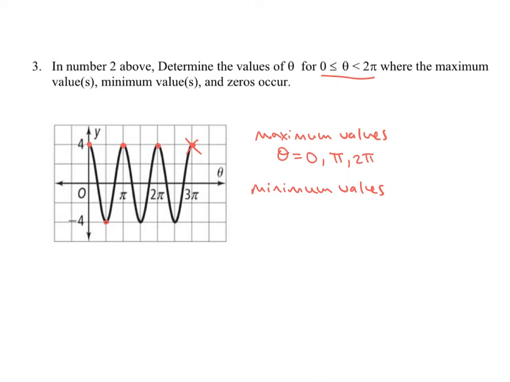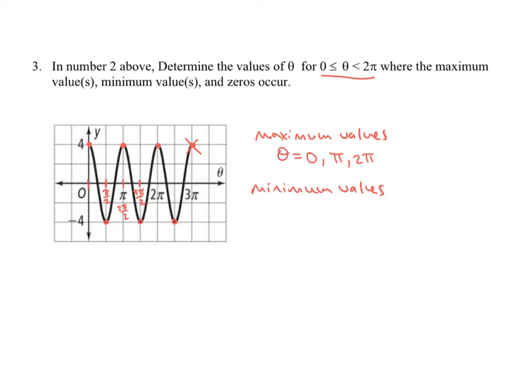Minimum values are down here at the bottom. That point is right in between 0 and pi, so that's going to be half of a pi, or pi over 2. Pi is the same as 2 pi over 2, so each box on this x-axis represents pi over 2. That makes this tick mark 3 pi over 2.